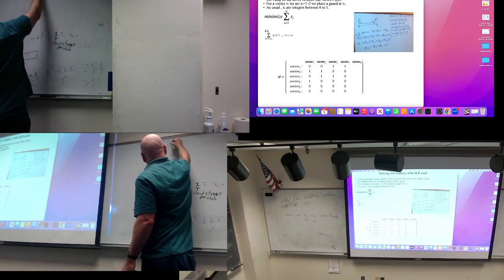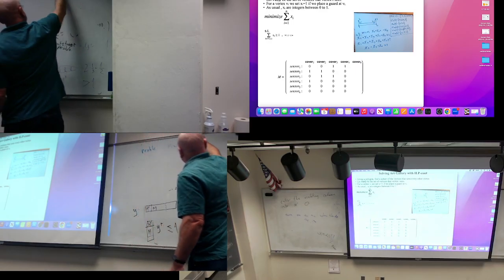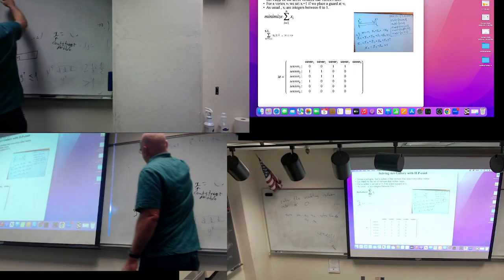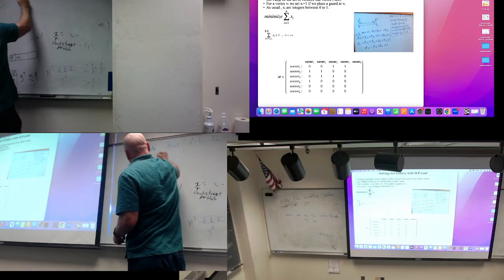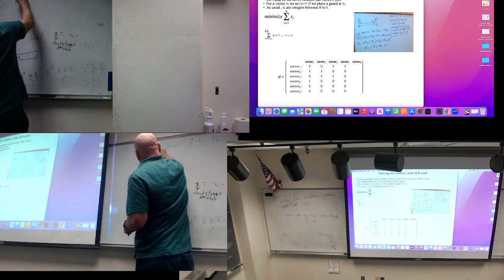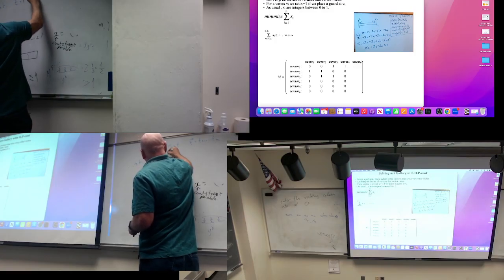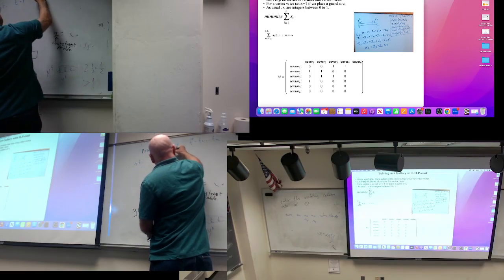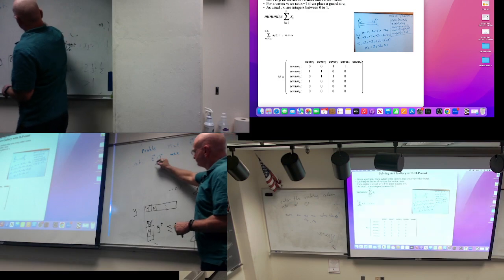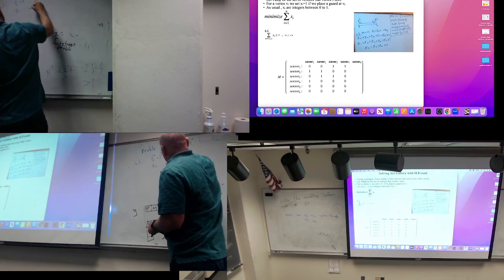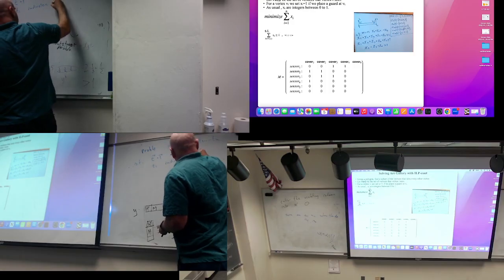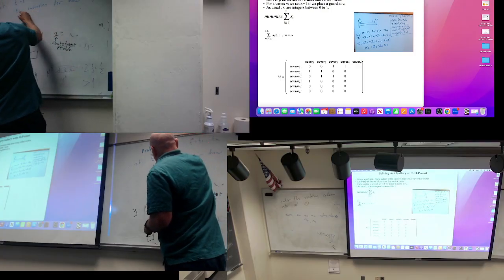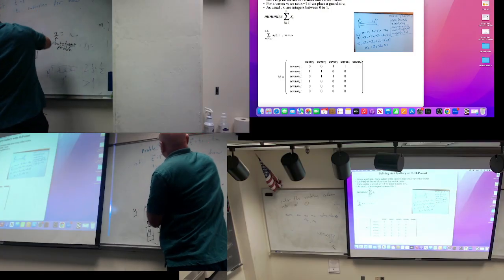My problem is, of course, to find a vector t, which is t1 through tn, such that t dot product 1 is max, where ti indicates for how long sensor cover i is used.